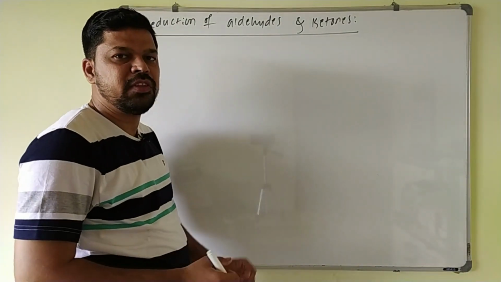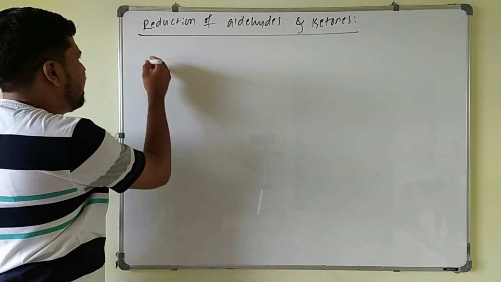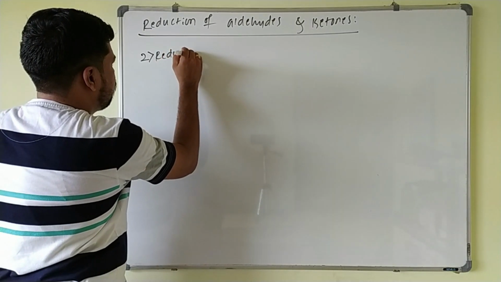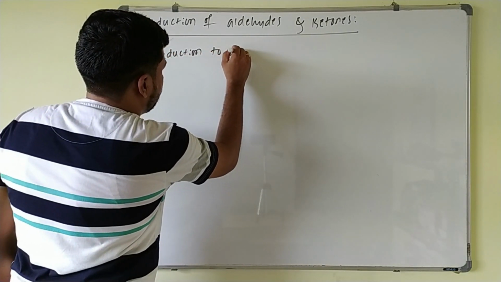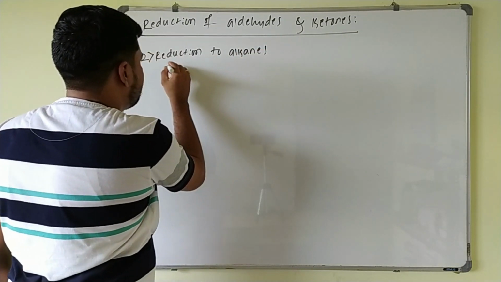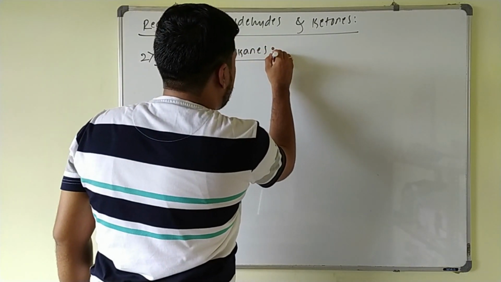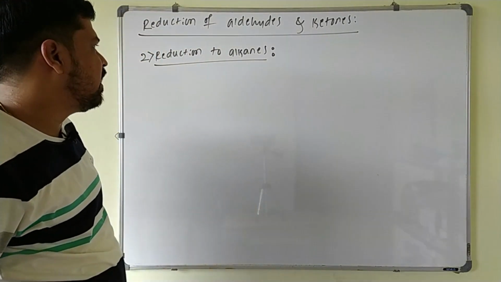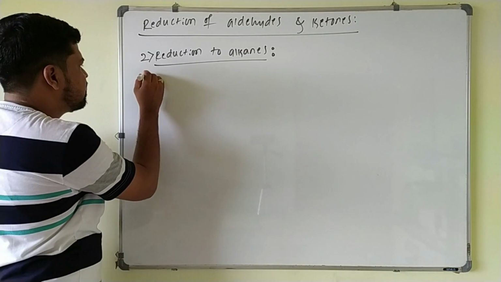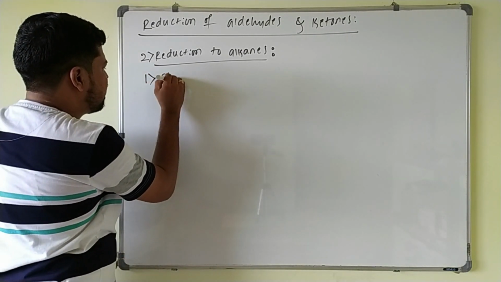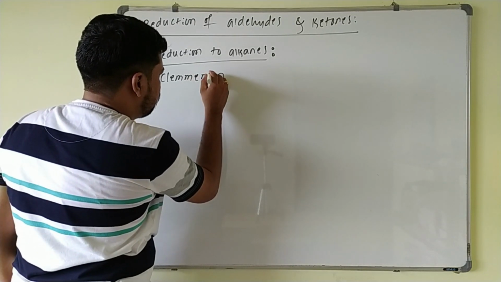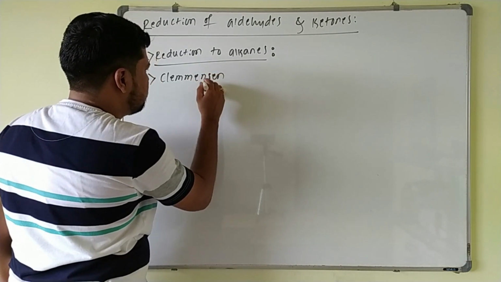Next one. So the next one is reduction to the alkanes. Here both aldehydes and ketones are directly reduced to the alkanes by using some special reagents. The first one is Clemmensen reduction.